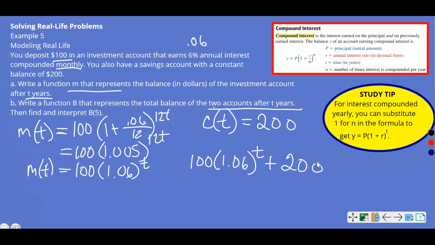All right, and then it says we want to take this function, and wait a minute, this says write a function b. All right, so let's call this b of t.